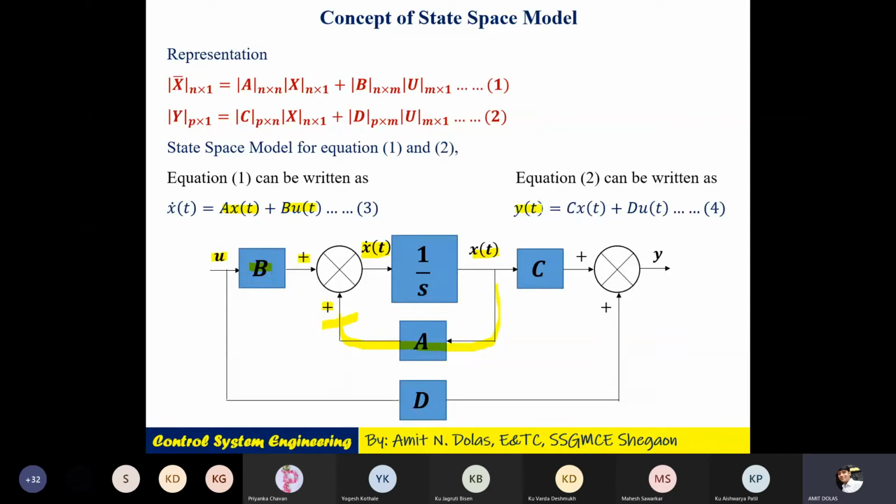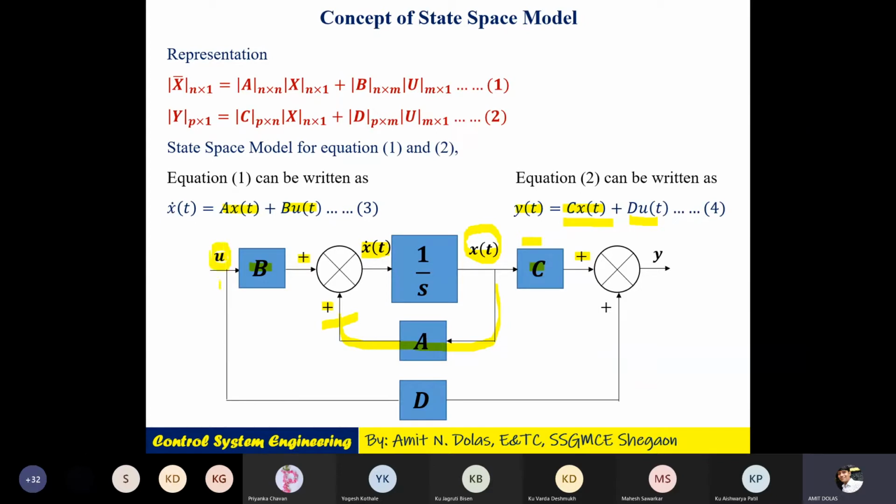Then what is y of t? y of t is nothing but C into x of t. So here is x of t and into the C matrix, the output matrix. So C will provide you this term C into x of t, plus D into u of t. So where is u of t?